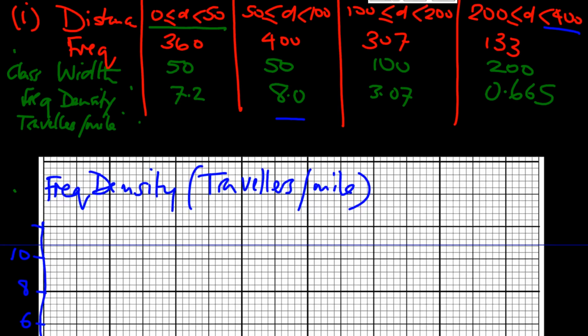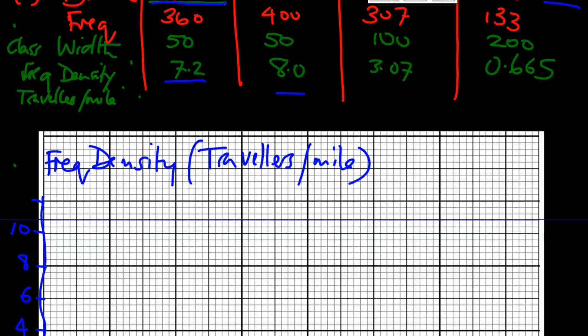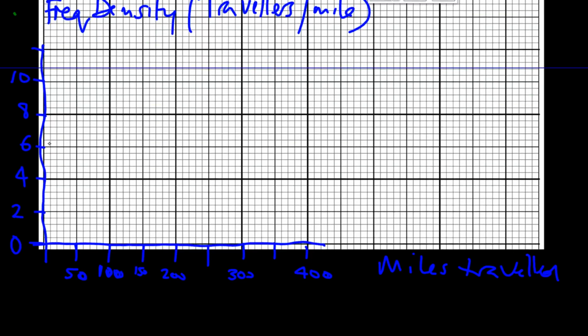So the first one that we're going to draw is the range 0 to 50, and we are going to graph the frequency density, which here is 7.2. So here's our 7, and that will be 7.2, and we're going 0 to 50.